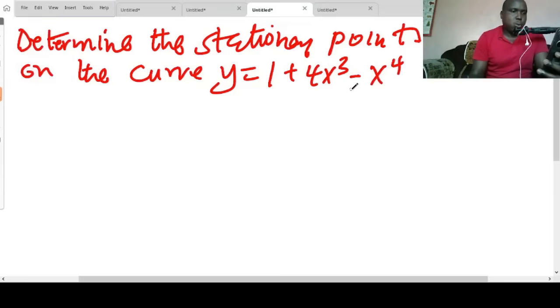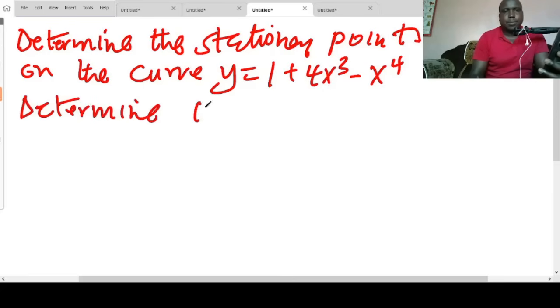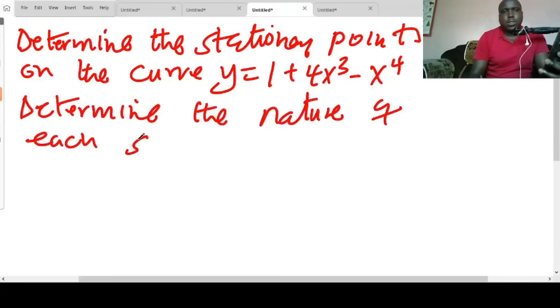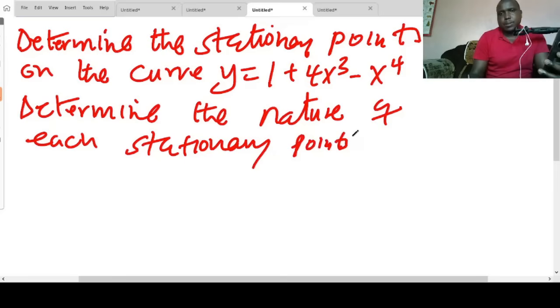Determine the nature of each stationary point. So this sum carries 10 marks.